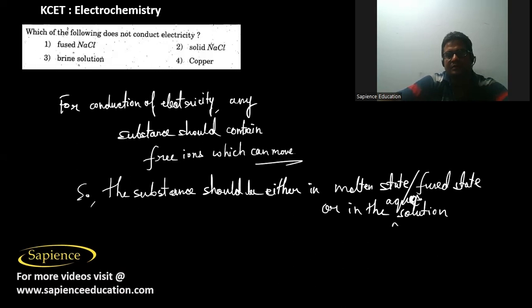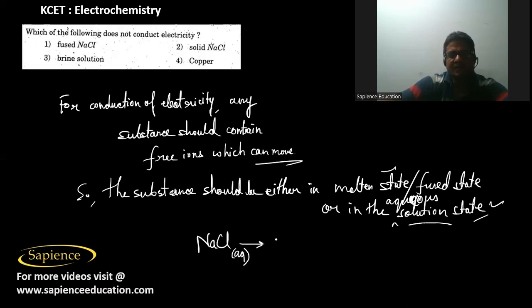Since in the aqueous solution it can form ions, like NaCl: if it is in the solution state, it will form Na plus ions and Cl minus ions in the aqueous solution, which can easily flow in the solution and conduct electricity.